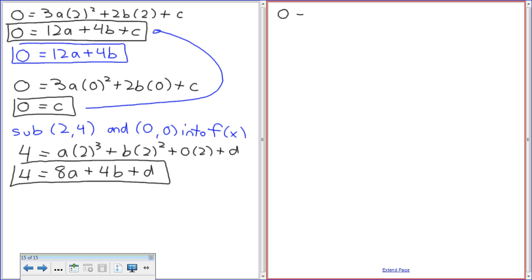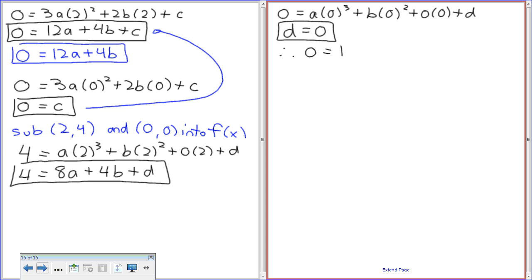So it's going to be 0 equals a times 0 cubed plus b times 0 squared plus 0 times 0 plus d. What does d equal then? D equals 0. Therefore, 0 equals 12a plus 4b, and 4 equals 8a plus 4b.